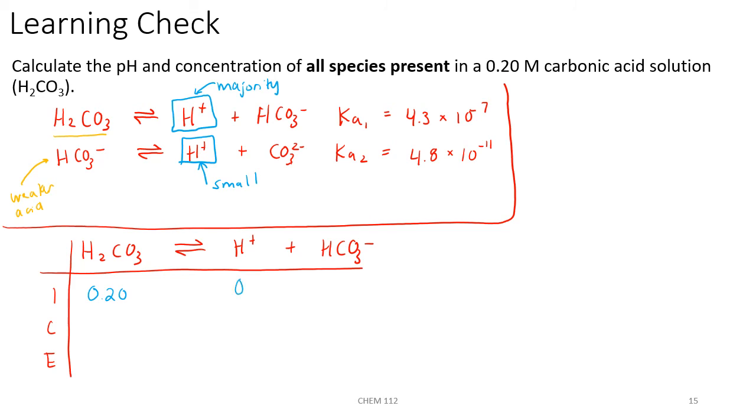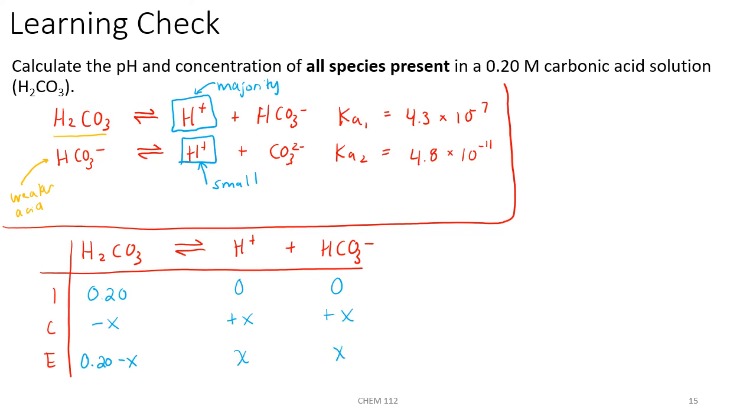Initially, we have 0 hydrogen ion and 0 hydrogen carbonate ion. The amount that the carbonic acid dissociates is going to go down by X. The amount that the hydrogen ion forms is plus X, and the hydrogen carbonate ion is plus X. At equilibrium, we're going to have 0.20 minus X, X for the hydrogen ion, and X for the hydrogen carbonate ion.